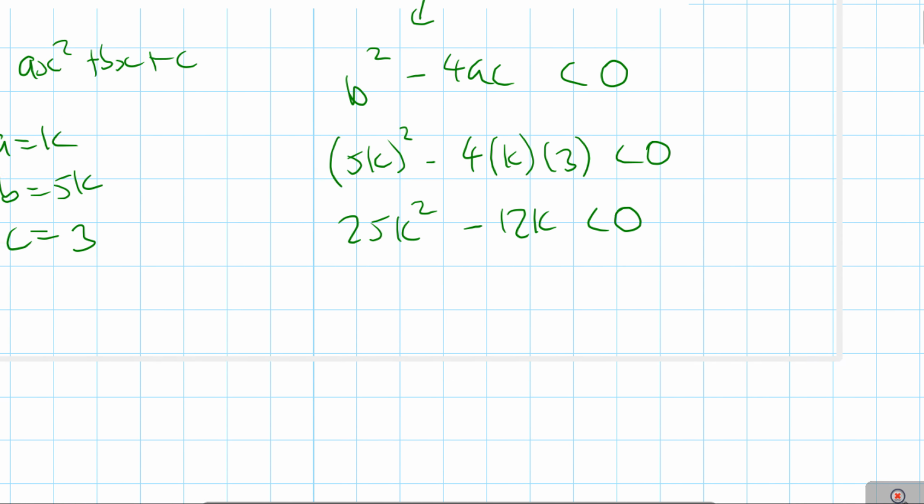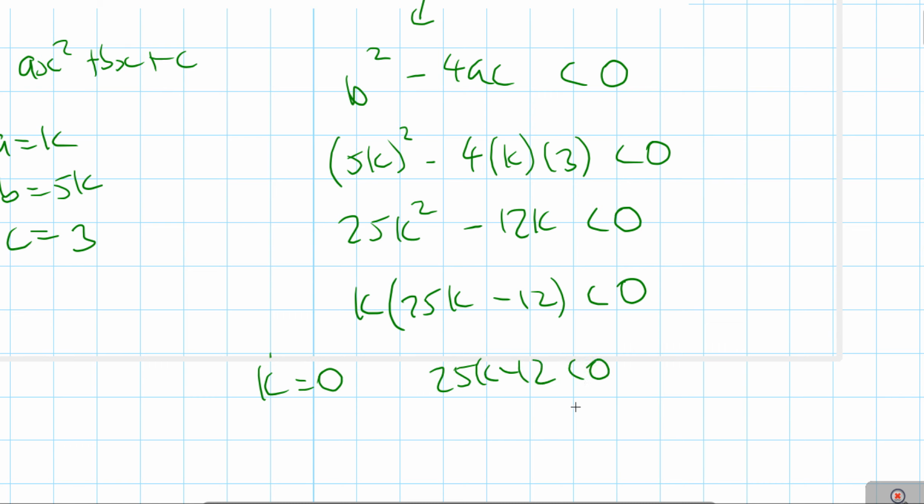Then from here we're going to pull out k because it's a common factor. So k times 25k minus 12 is less than 0. So therefore k is less than 0, and 25k minus 12 is less than 0.